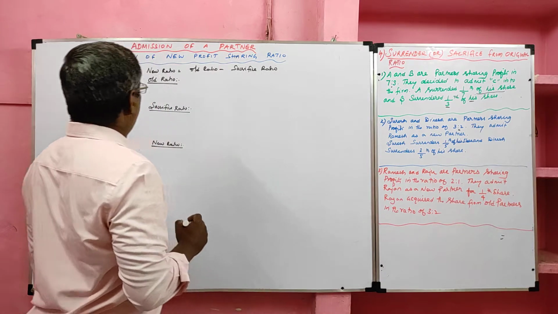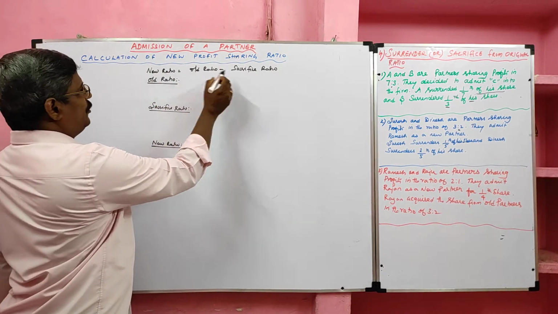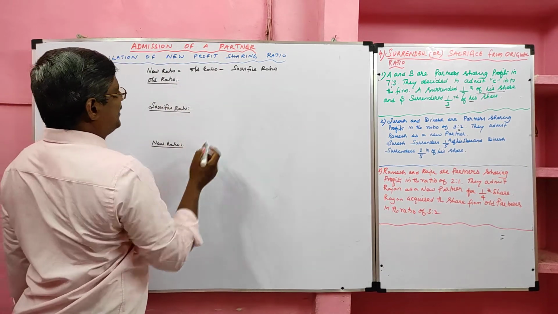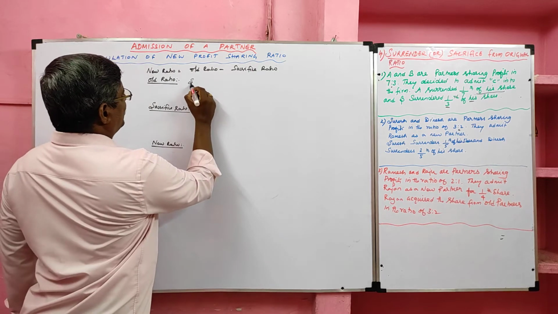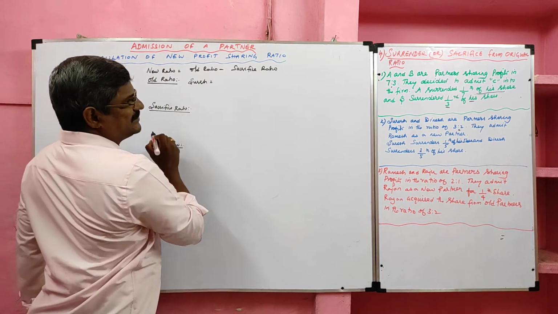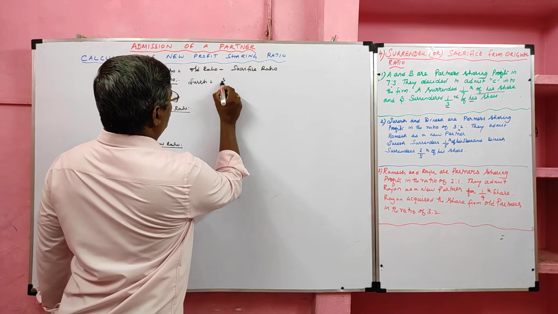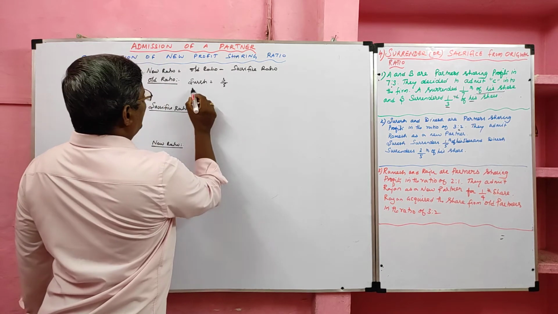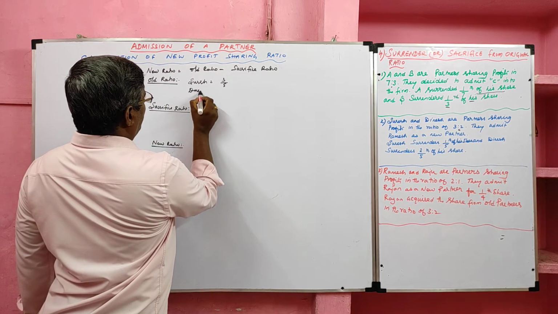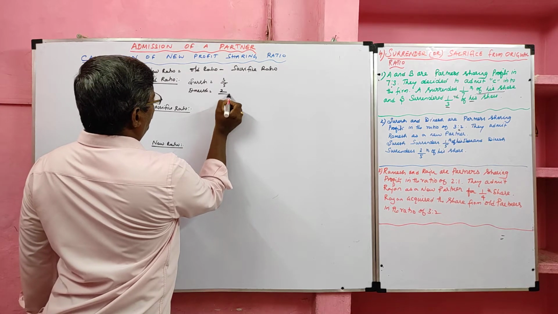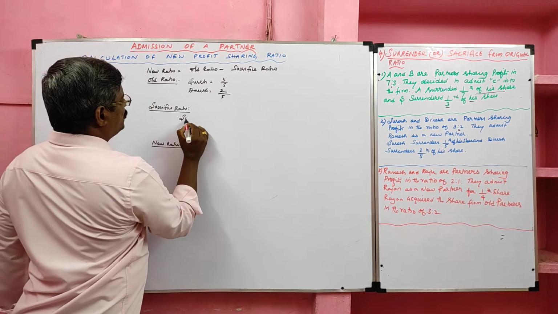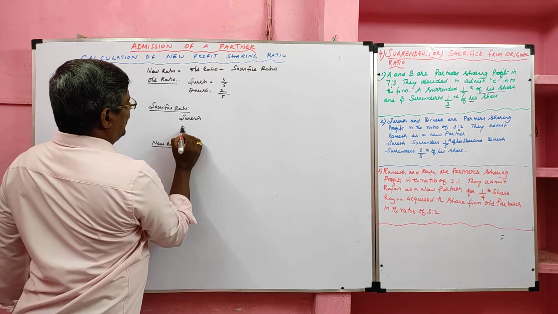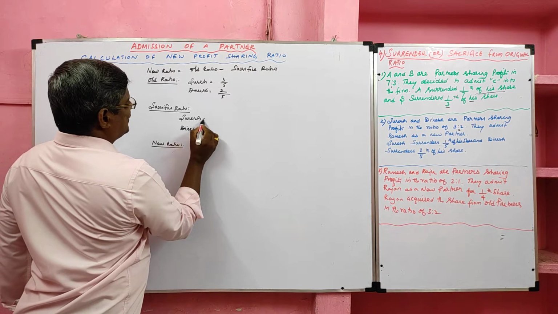Same formula I am going to use: new ratio equal to old ratio minus sacrifice ratio. Old ratio is given in the question. Suresh old ratio 3/5. Dinesh old ratio 2/5. We have to find Suresh and Dinesh sacrifice.